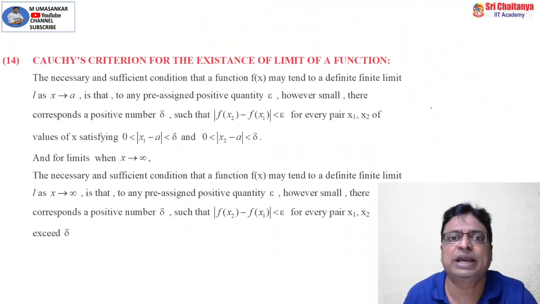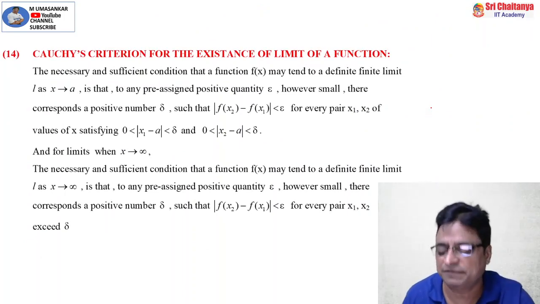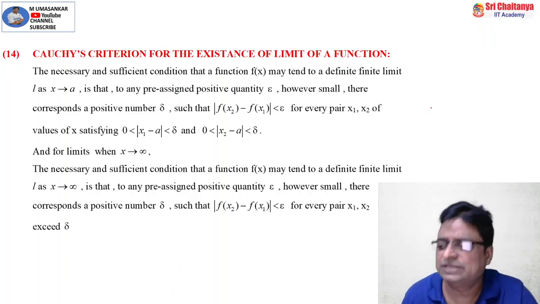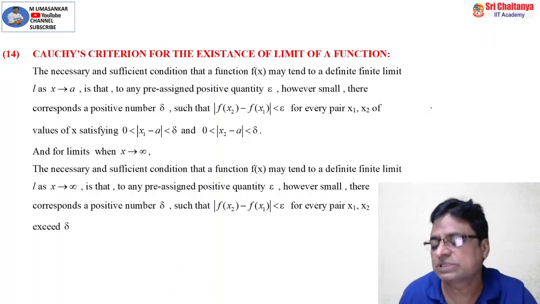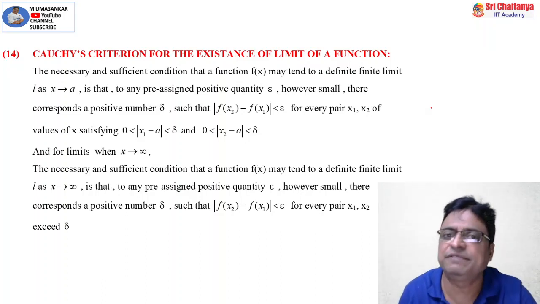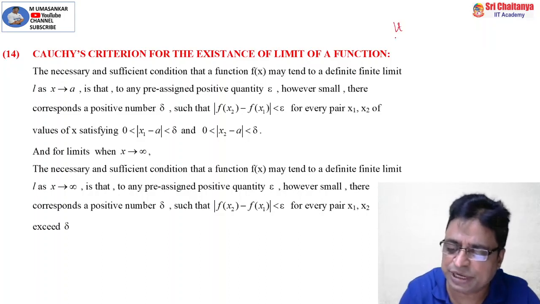Now coming to another important one, Cauchy's criterion for existence of limit of a function. So far we have practiced many existence theorems. When can we say the limit x tends to a, f of x is equal to L exists?